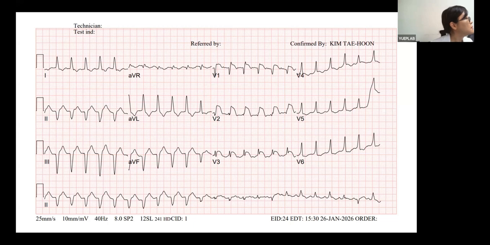Who's next? Left bundle investigation, and also I see a very abnormal pathology QRS and ST elevation. The P wave is not clearly seen.